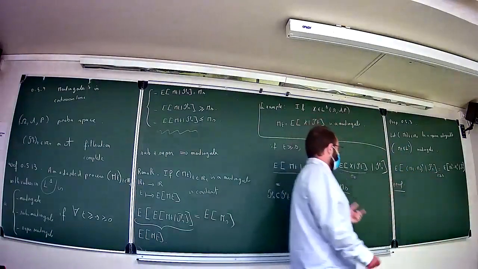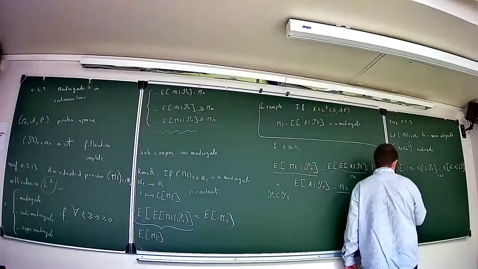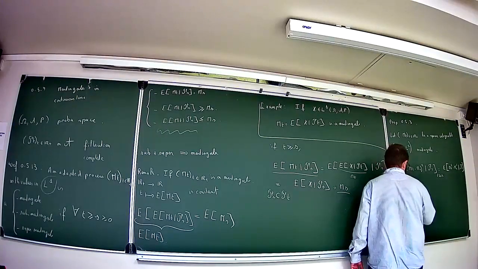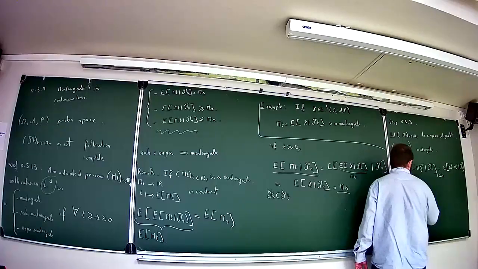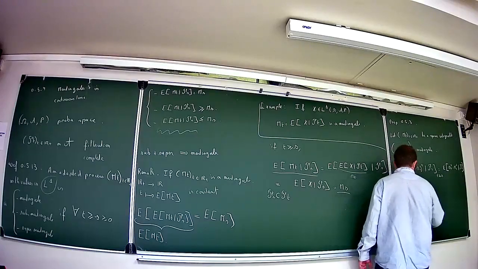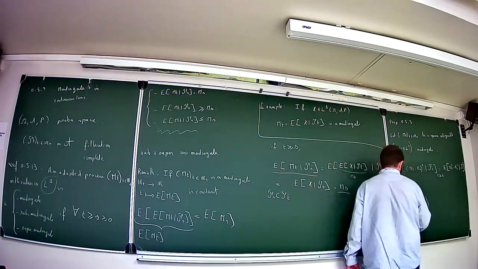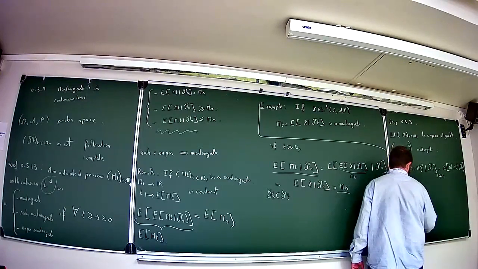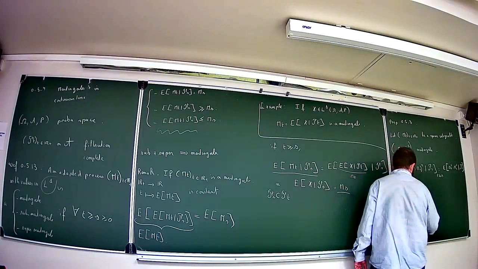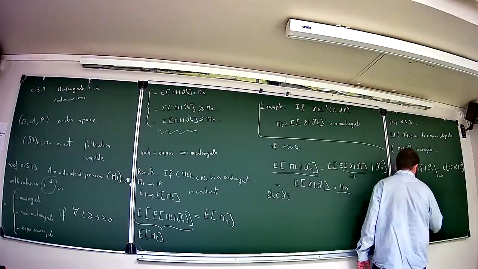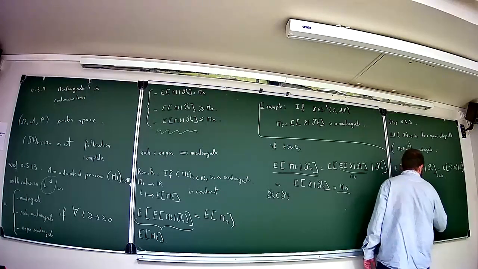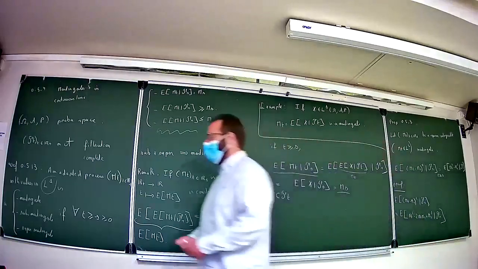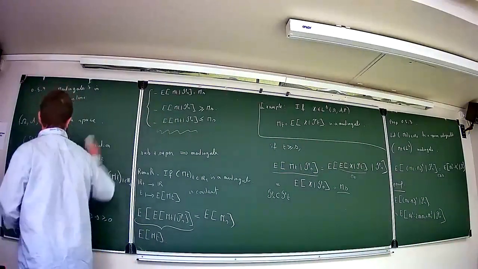So the conditional expectation of (M_T − M_S)² given F_S is equal to the conditional expectation of M_T² − 2 M_T M_S + M_S² given F_S. I just developed the square.